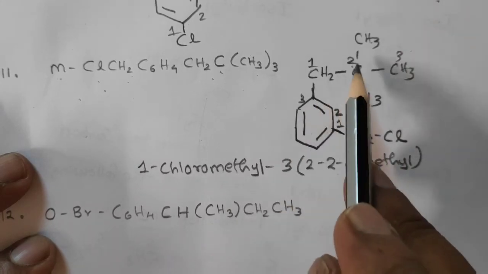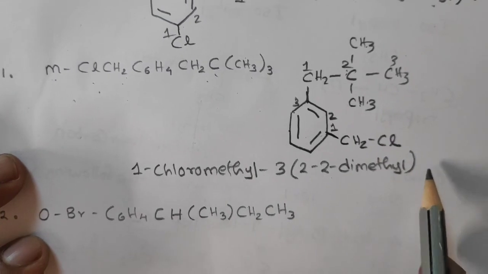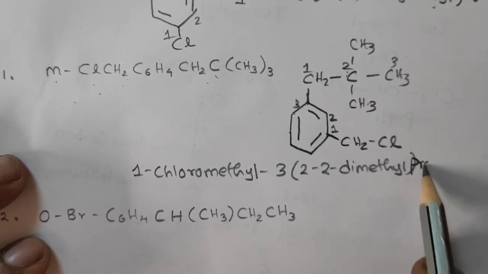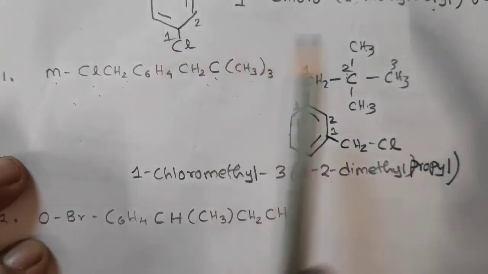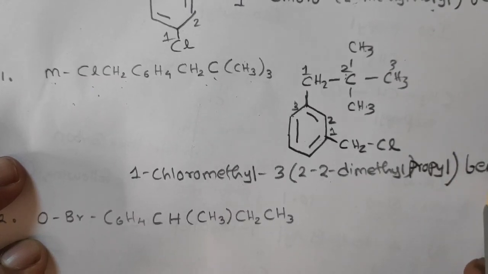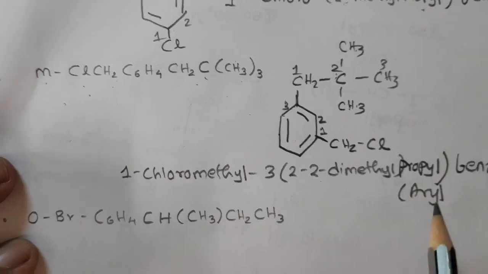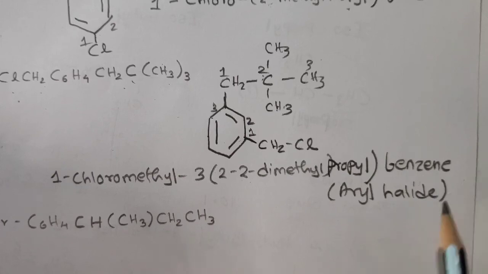Because at the third position and on the second carbon 2 methyl groups are there, dimethyl, then propyl will come. Here you can see propyl, and then we will write here benzene. Now this is also an example of aryl halide. Clear?